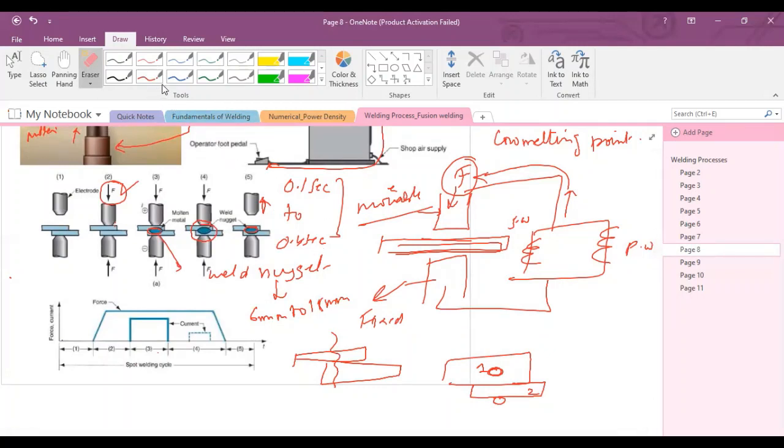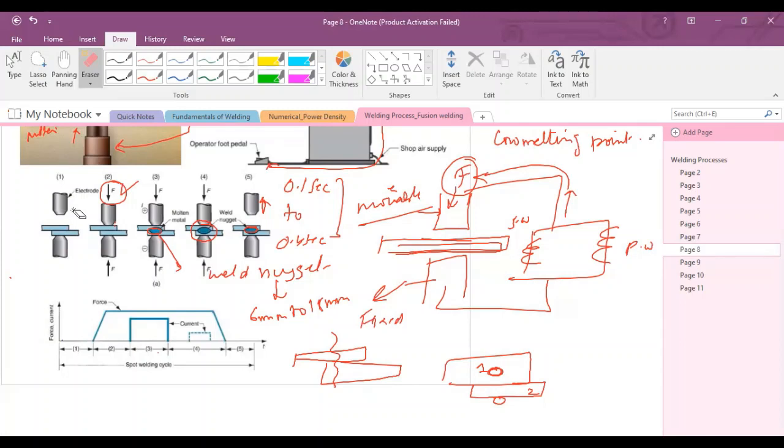The current depends upon the type of material which is going to be welded and its thickness, because geometry is most important in spot welding. If you have high thickness, more current will be drawn from the transformer. For example, to weld sheet metal parts made of stainless steel, pure steel or cast iron, 10,000 ampere is required to perform the spot welding.